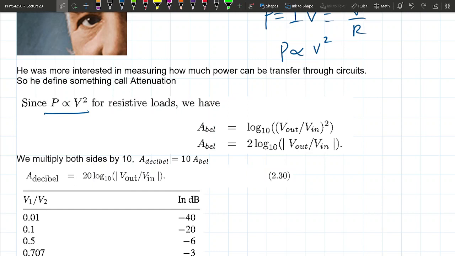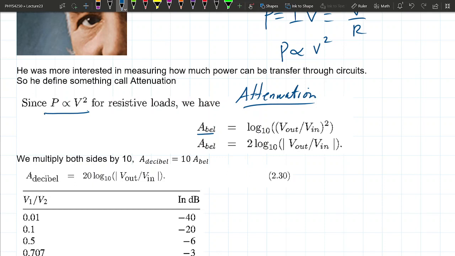In order to figure out how strong the signal is going to be by the time it reaches across the Atlantic, he came up with a number called attenuation. I think there's no second T there. No, third T. Attenuation. Okay? Basically, how much power loss there is once you send your signal across the Atlantic or across some wire or whatever that is.